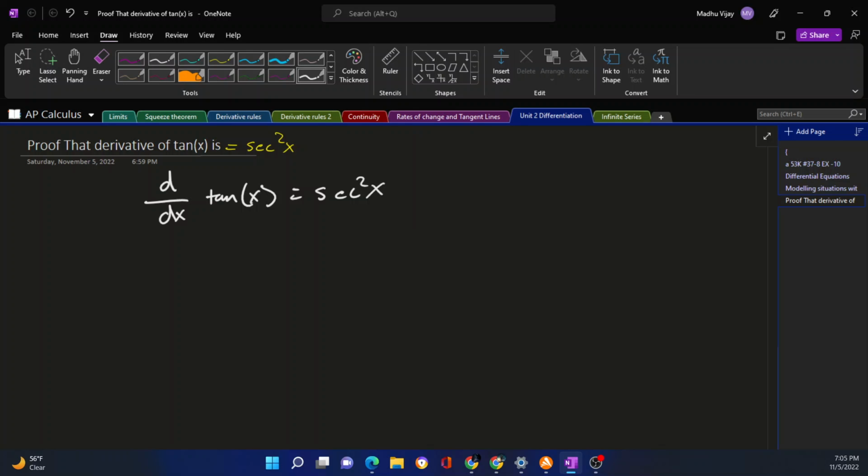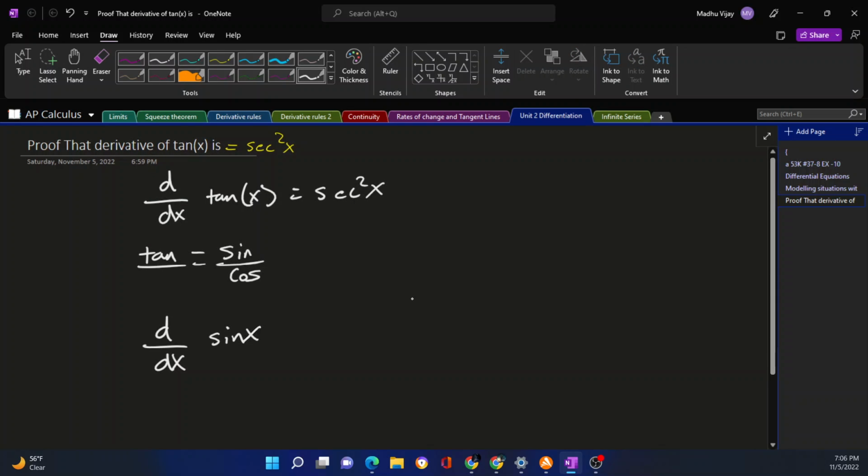To start off, we know that tangent is just equal to sine over cosine. With that given, we can just take the derivative of sine x over cos x, which is just like taking the derivative of tan x.